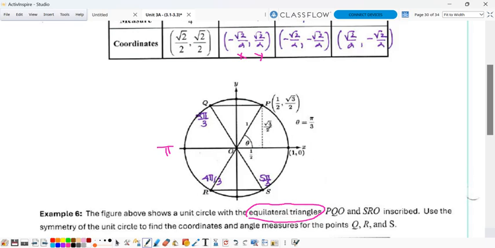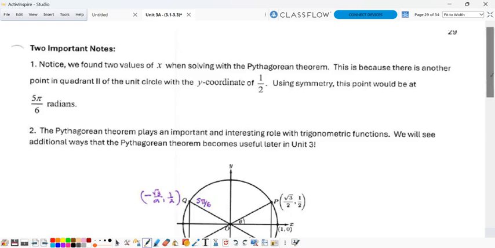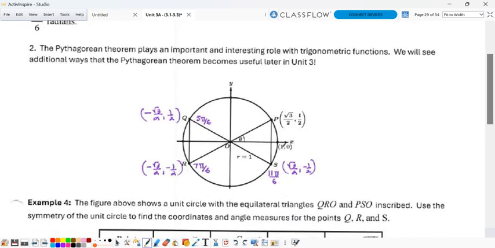Now remember another thing, pi over 3 is a bigger angle. Sometimes I use the words small, medium, large. Pi over 3 is a large angle. A large angle has a larger slope, which means the y coordinate is bigger. Pi over 6 is a smaller angle.